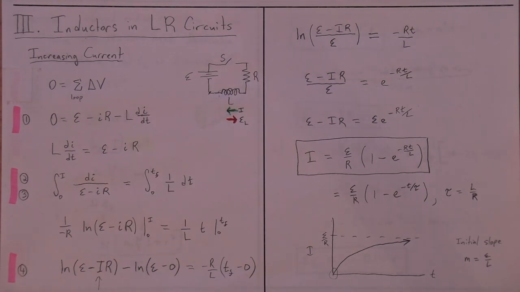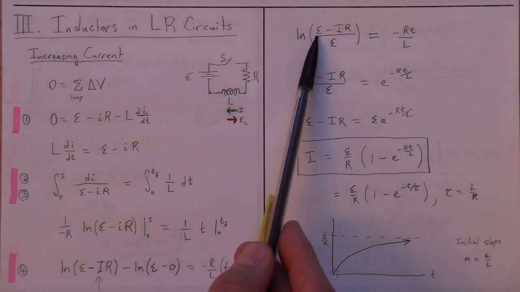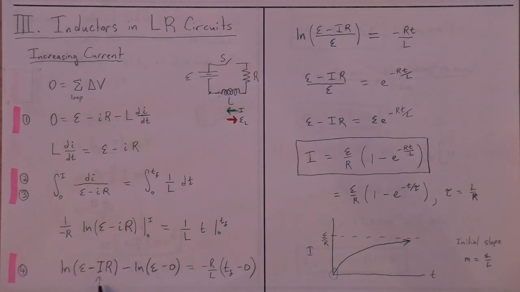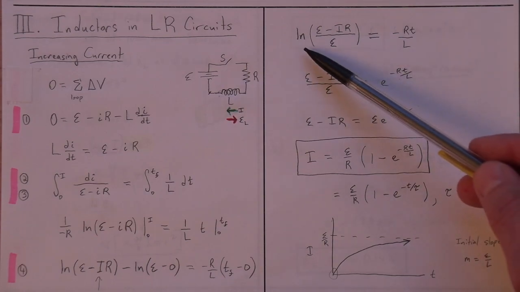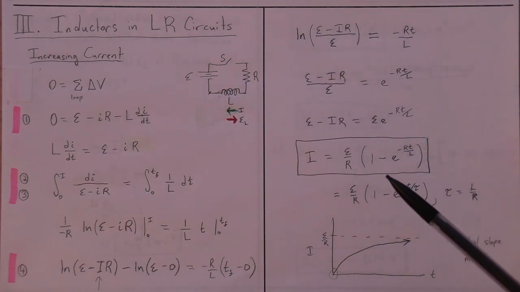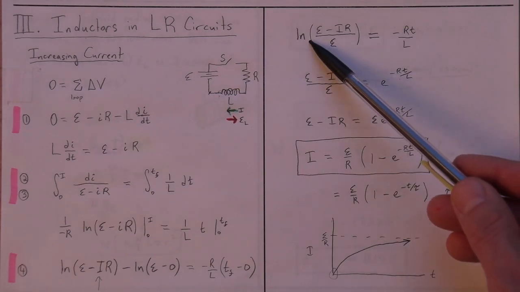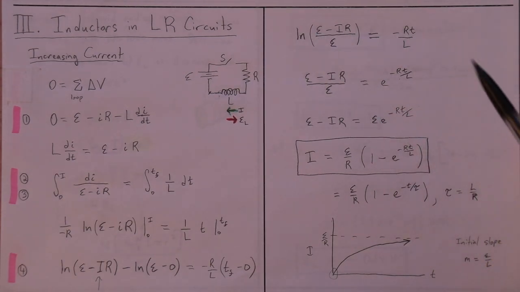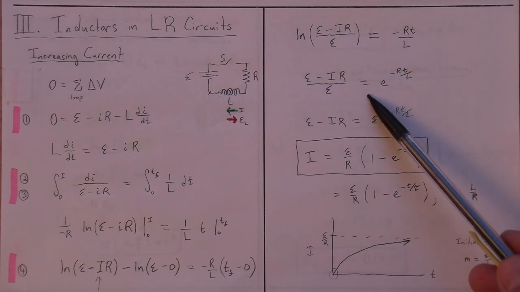What I could do is combine these two natural logs. When I subtract two logs, I can make them into one log through division. So notice this term divided by that term, that's what's inside the log. This side, I just got rid of the 0. And then how do I get rid of the log? Well, what I could do is take the exponential function and put this into the exponential function and this into the exponential function, and the equality will be preserved.